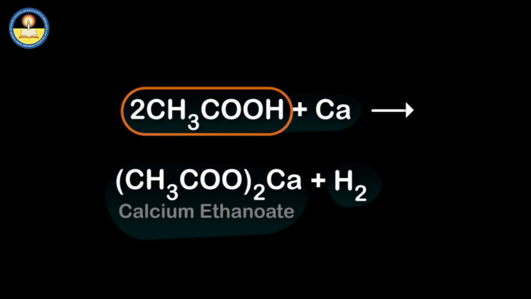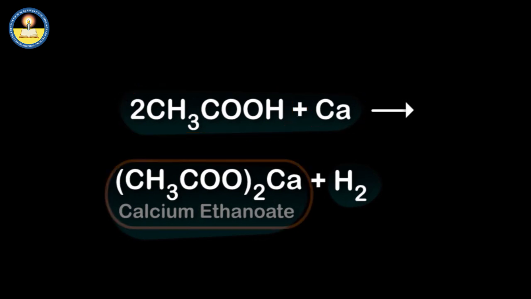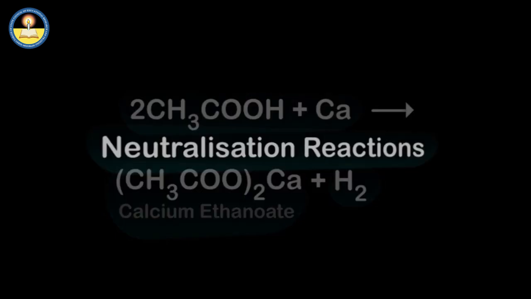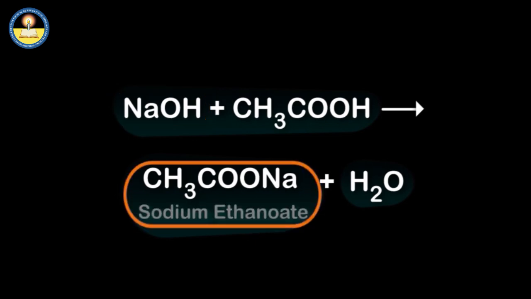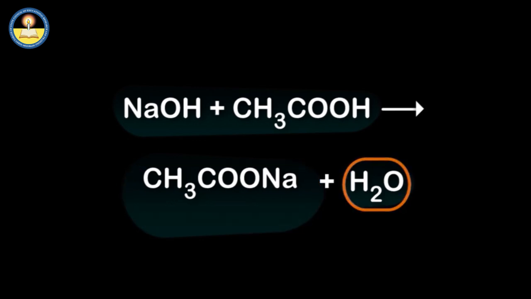Ethanoic acid reacts with calcium to form calcium ethanoate and hydrogen. Neutralization reactions. Like mineral acids, ethanoic acid reacts with a base such as sodium hydroxide to give a salt, sodium ethanoate, or commonly called sodium acetate, and water.